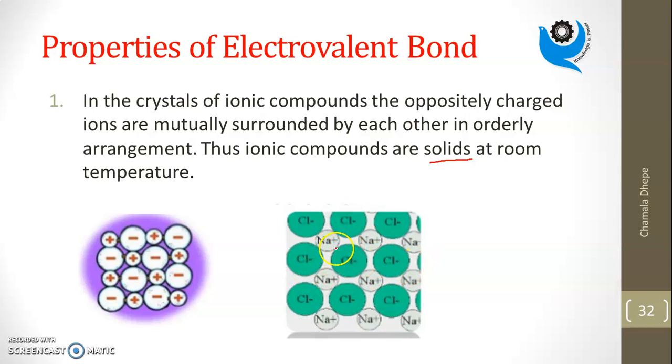You can see here in NaCl, Na plus is at the center and four Cl minus are surrounding it, or you can take Cl minus, which is surrounded by four Na plus. This means a strong bond is formed and there is a strong attraction between them, hence these are solid at room temperature. So the first property is that electrovalent or ionic compounds are solid at room temperature.